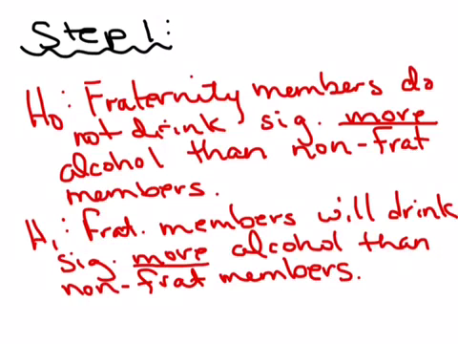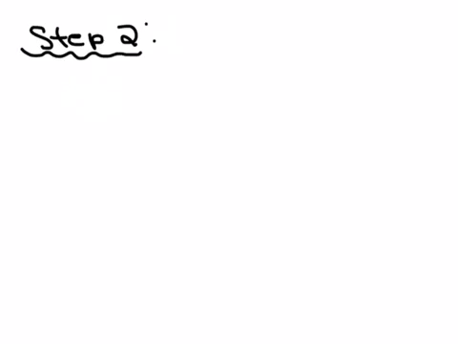So let's go to step 2, setting our criteria. That's where we locate our critical value. If you remember, we had n of group 1 equals 5, and n of group 2 equals 5. That's our sample sizes.